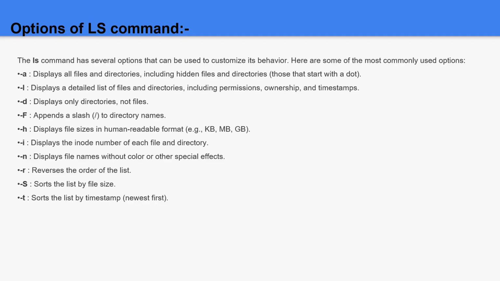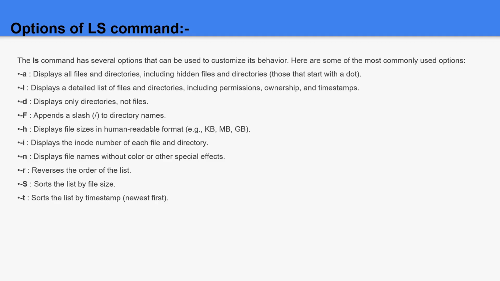So there are many options for the ls command. You can pause the video and see all those commands one by one and refer to them. We can take a random example of hyphen a. ls -a is used to display all the hidden files from that particular directory, or we can say hidden directories also.